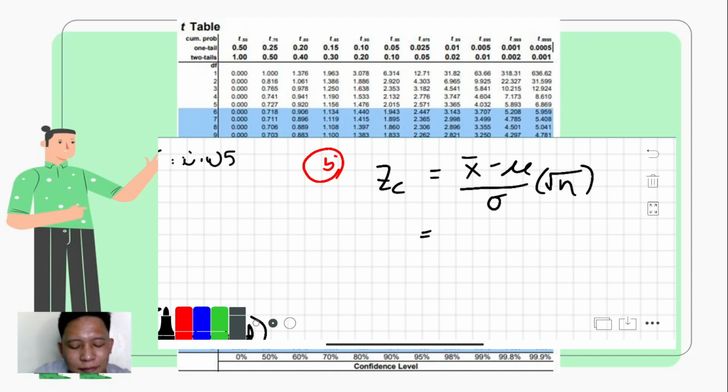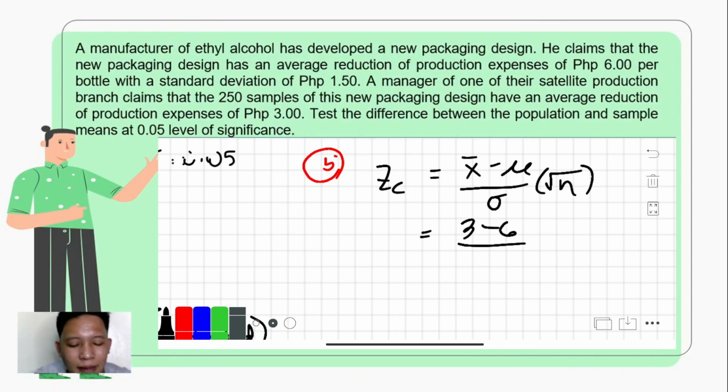So we have sample mean 3 minus 6 over the population standard deviation, 1.5, multiplied by the square root of 250.